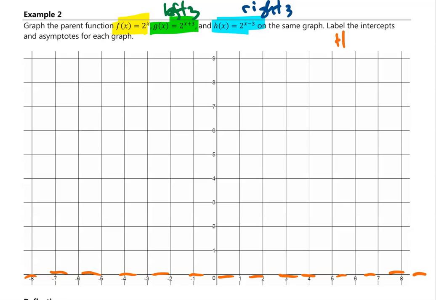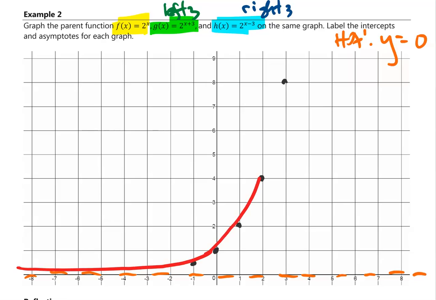Don't forget, horizontal asymptote at y is equal to 0. 2 raised to x, when we graph this: negative 1 is 0.5, at 0 is 1, 2 raised to 1 is 2, 2 raised to 2 is 4, 2 cubed is 8. So we have this graph. Let me use red. So this is 2 raised to x.